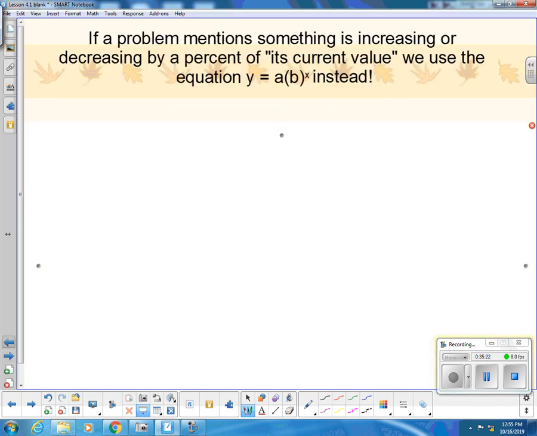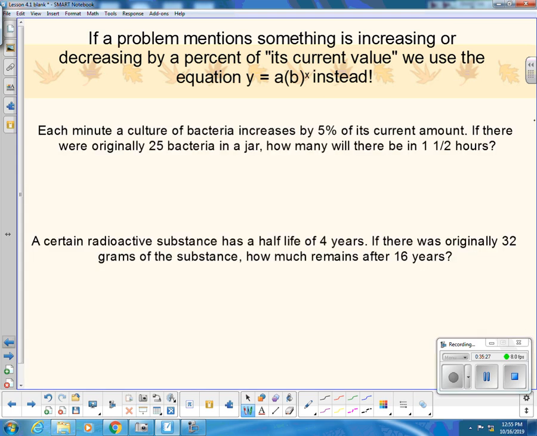I think we're good. Let's see what this last example is. I think we're going to skip it. Let me ask you this real quick. Each minute, we're increasing by 5%. We started with 25 bacteria. So we're adding 5%, so it's going to be 1.05.